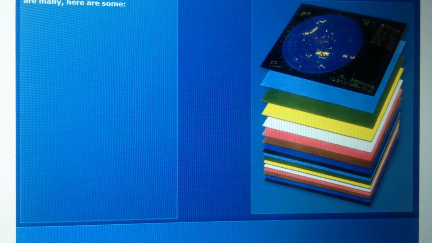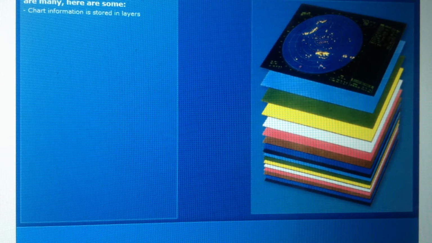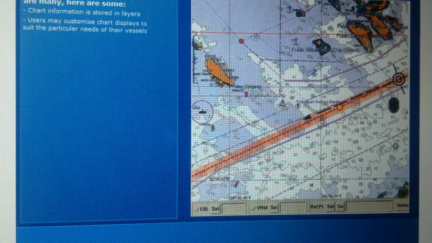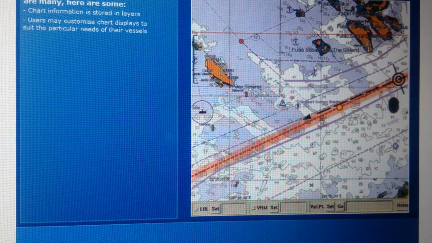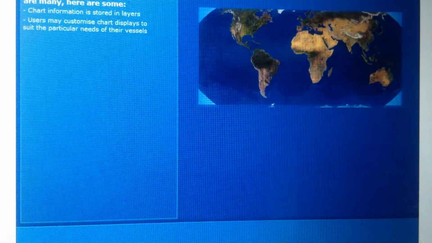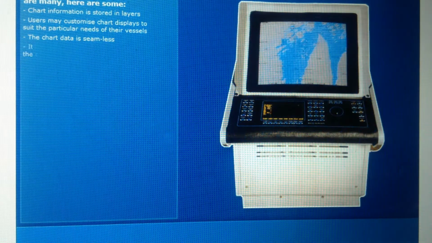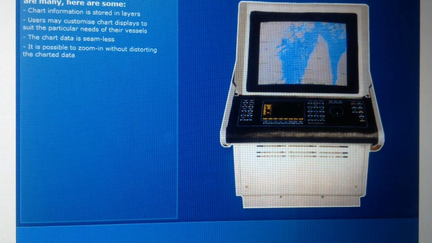Advantages of vector charts are many. Here are some. Chart information is stored in layers. Users may customize chart displays to suit the particular needs of their vessels. The chart data is seamless. It is possible to zoom in without distorting the charted data.